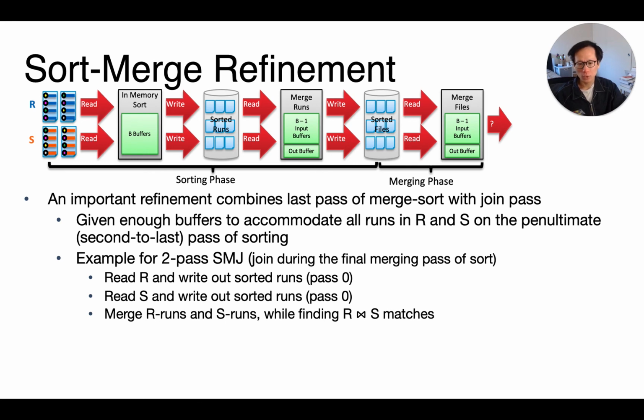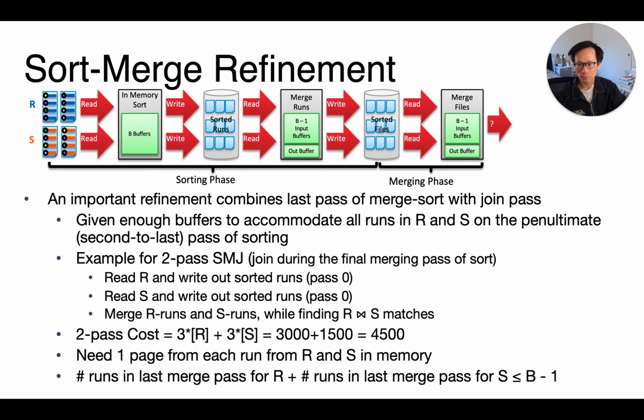In doing this, we are going to avoid writing out the final pass of R and the final pass of S during sorting. So we are going to lose one pass of R and lose one pass of S. The cost now becomes 3 passes of R plus 3 passes of S total. That's in this case going to be 3,000 plus 1,500, which is only 4,500.